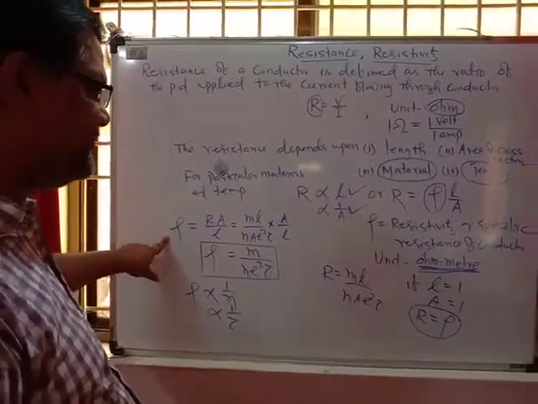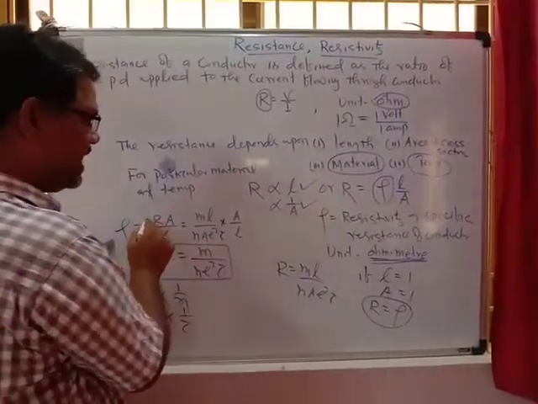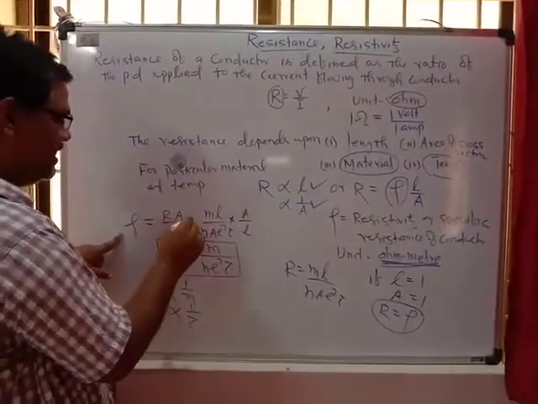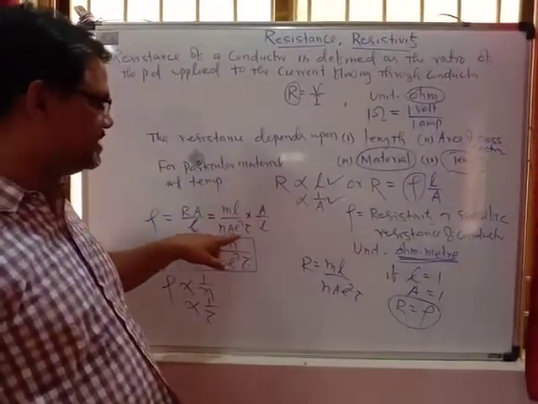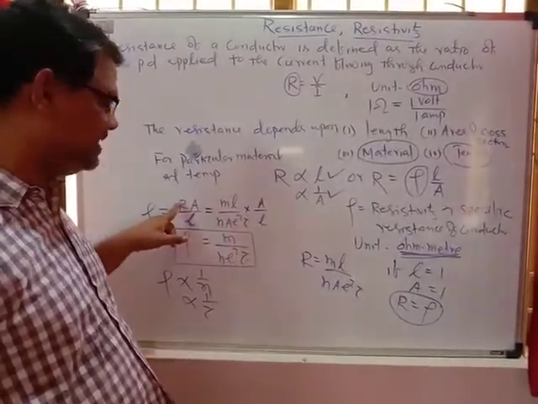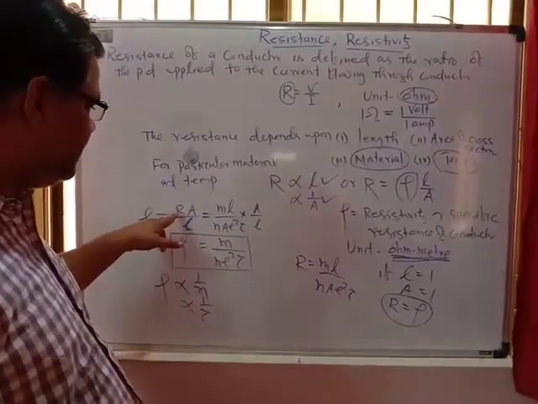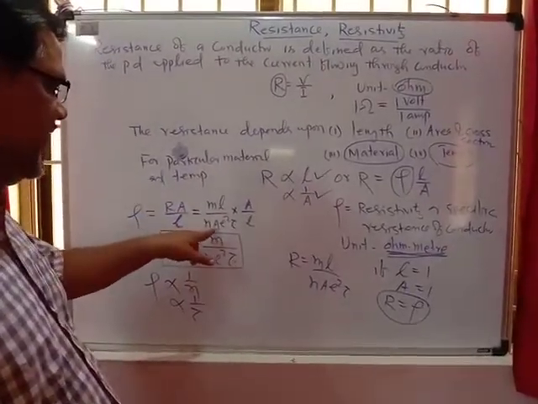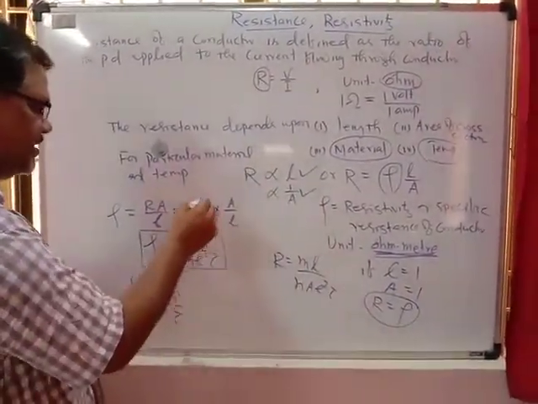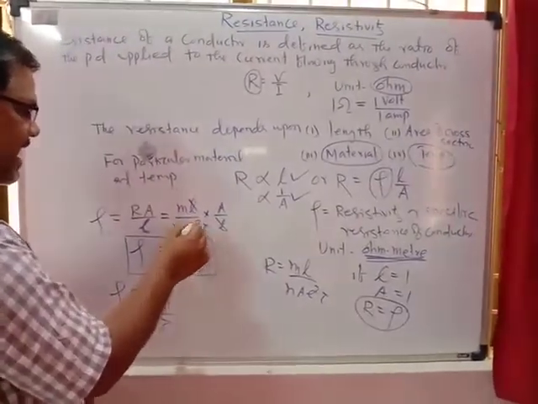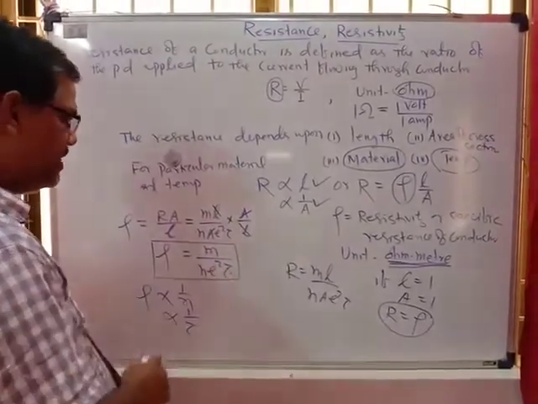Now what will be the resistivity expression? R equals rho L upon A, and rho equals RA upon L. If you put in the expression of resistance obtained from the previous expression, R equals ml upon n A square into relaxation time, into A upon L, then L is cancelled and A is cancelled, and the remaining is m upon n e square into relaxation time.